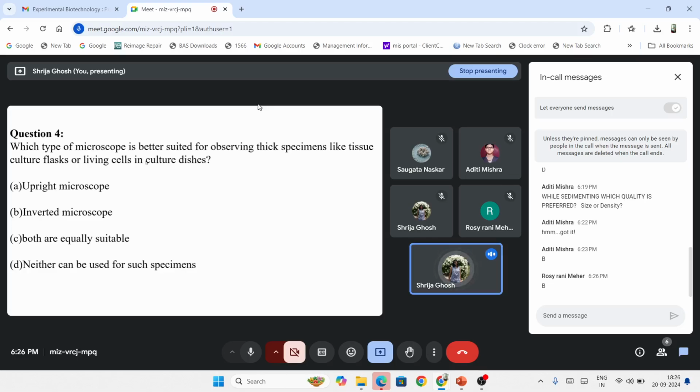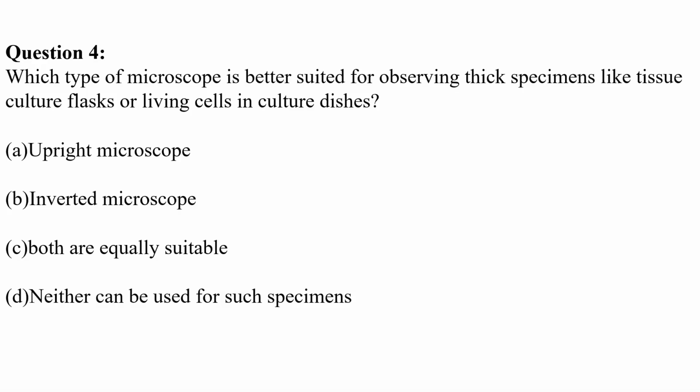Either you agree with Rosie saying option B is correct, or you don't know the answer. Okay, it is option B, inverted microscope.